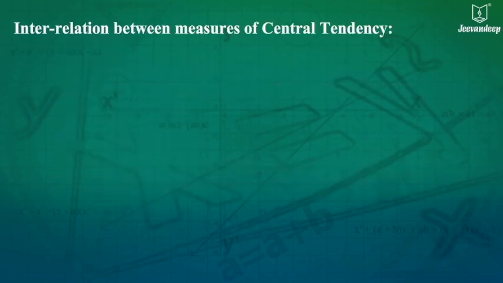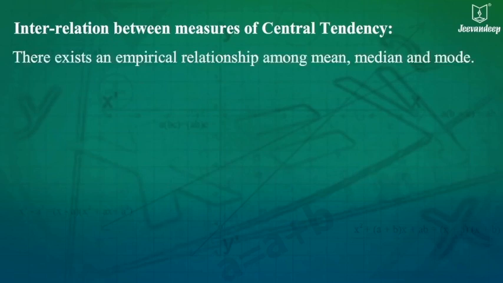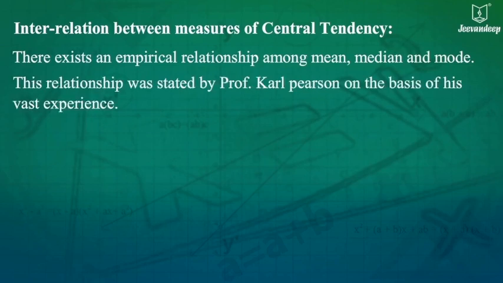Interrelation between measures of central tendency. There exists an empirical relationship among mean, median, and mode. This relationship was stated by Professor Karl Pearson on the basis of his vast experience.